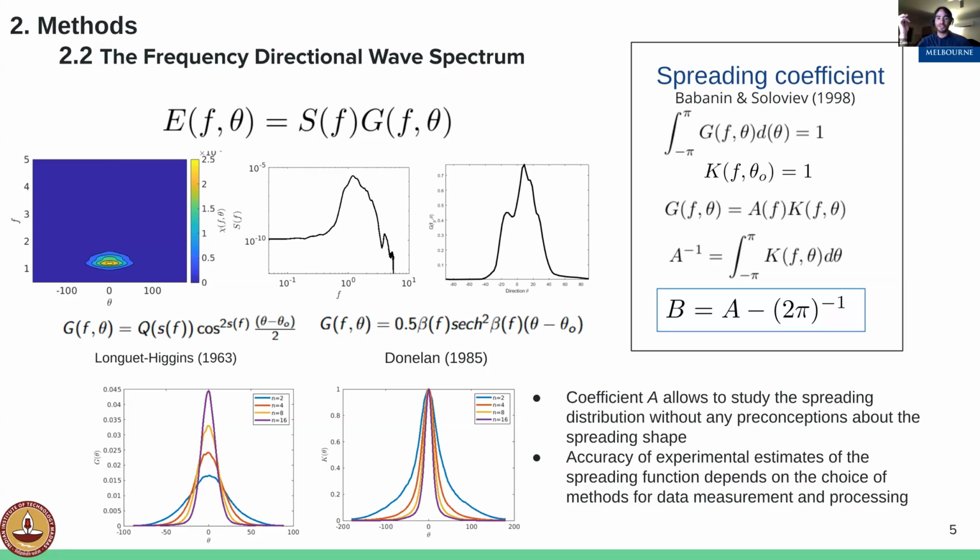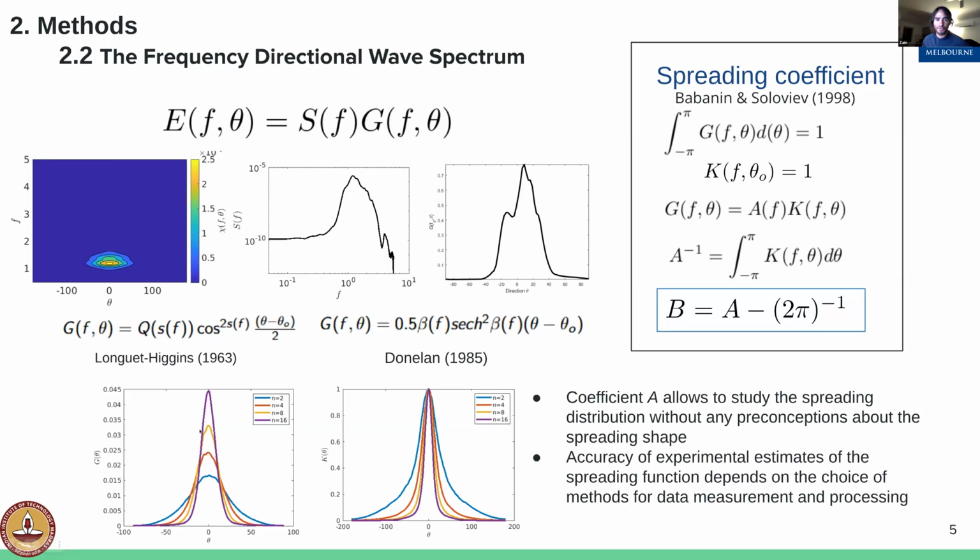This function basically tells us if the waves are propagating uniformly in a certain direction or if they're propagating over a broader range of directions. Different parametrizations have been proposed before to describe this behavior. For example, we have the cosine model by Longuet-Higgins, and we also have the hyperbolic secant model by Donelan.